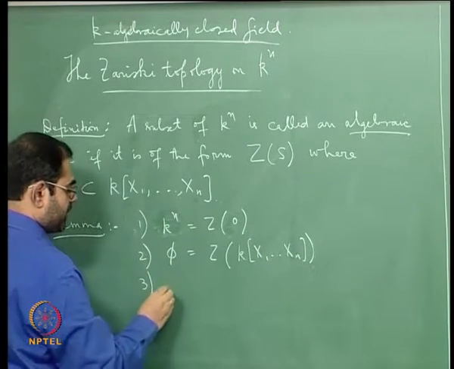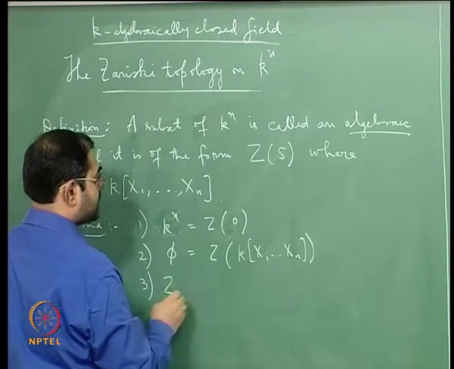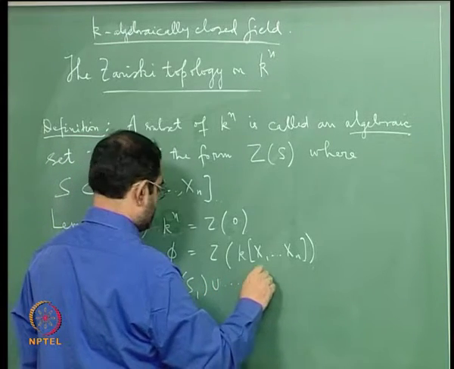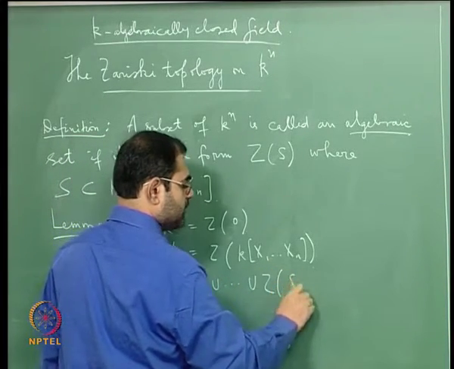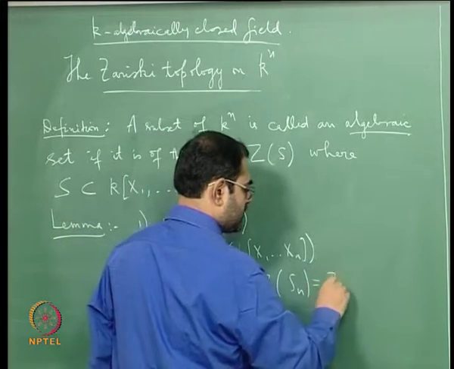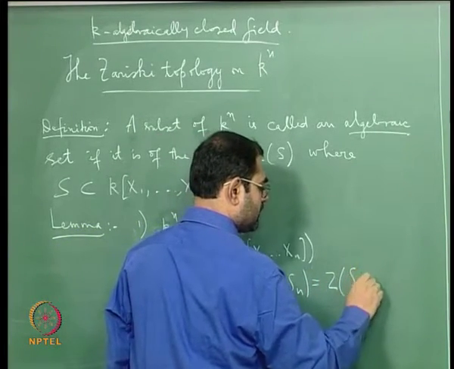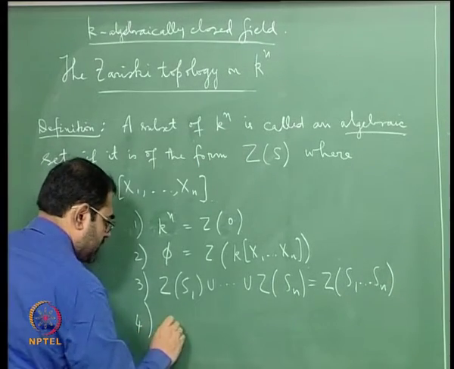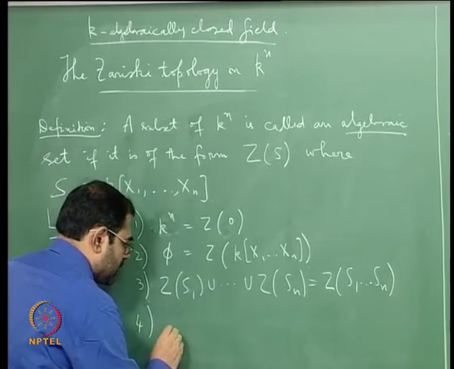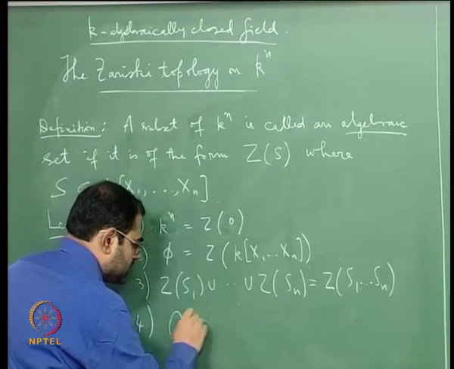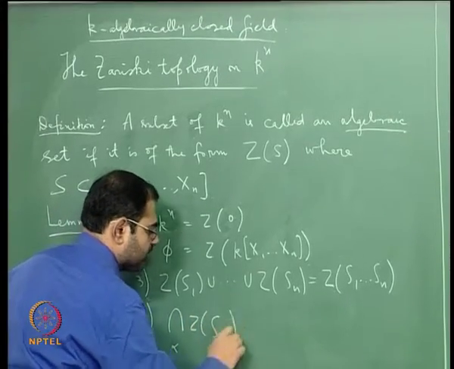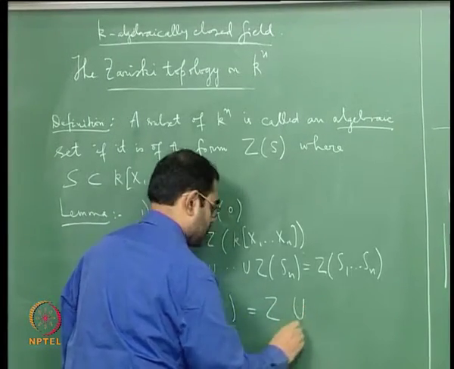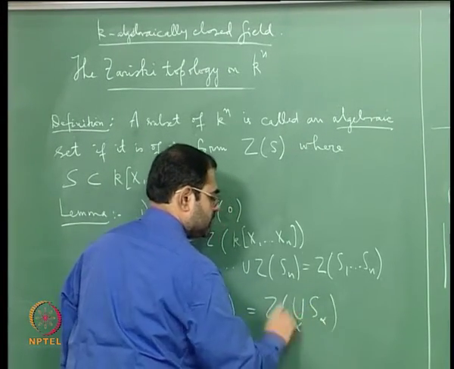The third one is Z(S1) union and so on, Z(Sn) is Z(S1 ... Sn). Fourth one, the intersection over alpha of Z(S_alpha) is Z of the union over alpha of S_alpha.